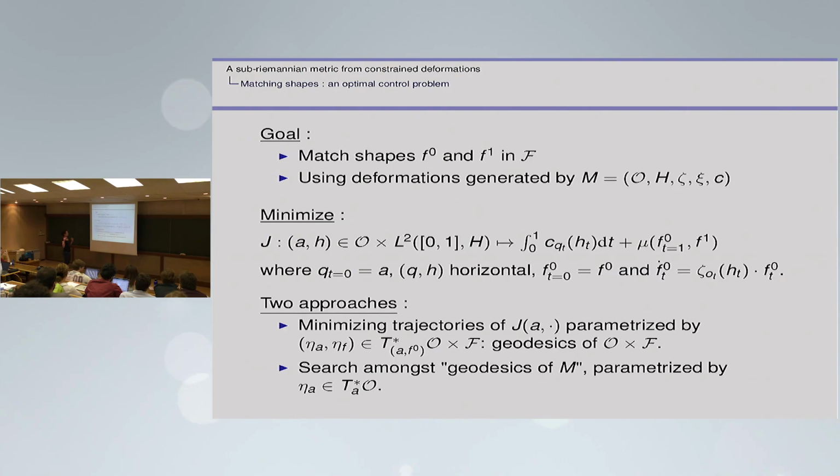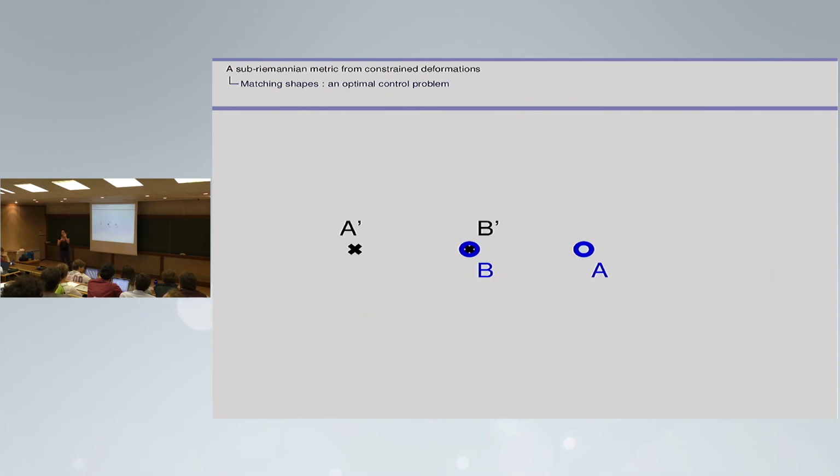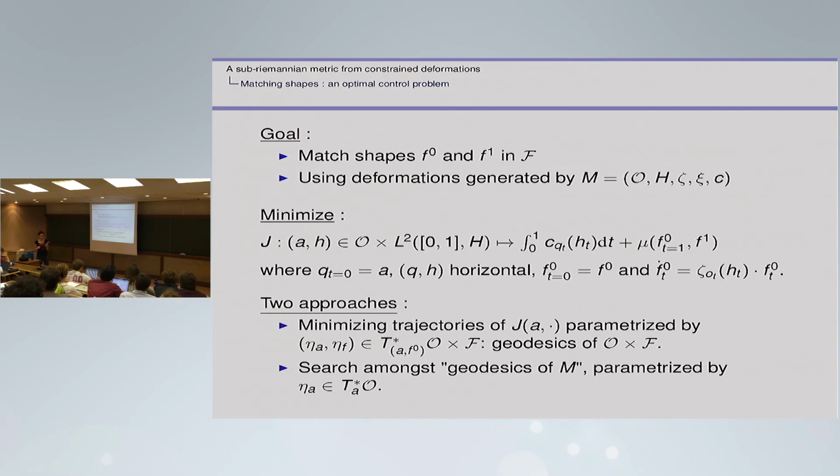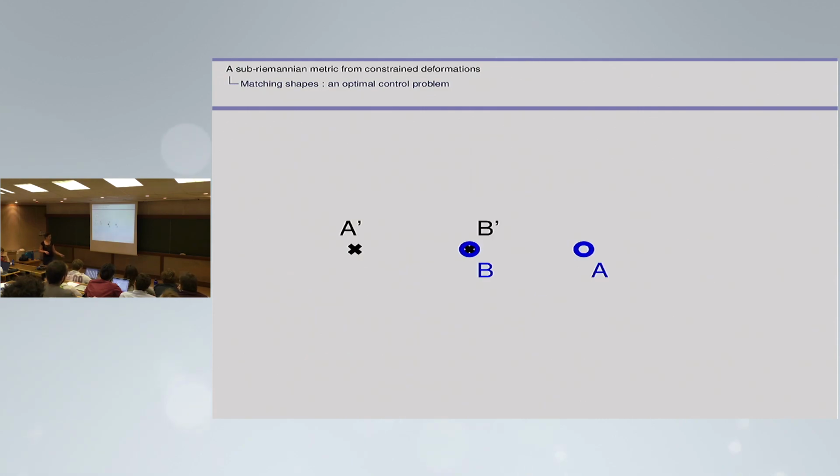So the first shape is 2 points, and the deformation module here is a deformation module with a geometrical descriptor that is 1 point, control 1 vector, and the fields that are generated are one local translation. We localize by a small Gaussian that is, let's say, approximately this size. If you use the first approach, so you really minimize the whole functional like that, here is the trajectory that you obtain.